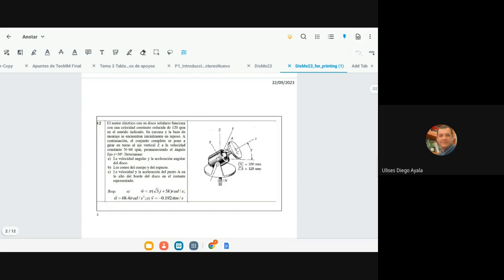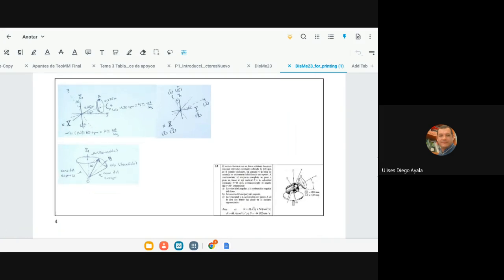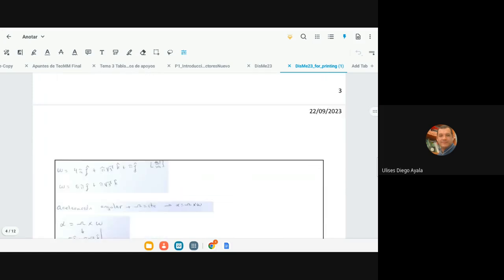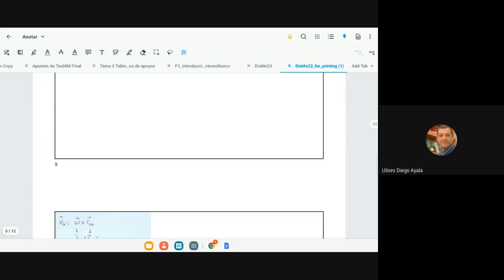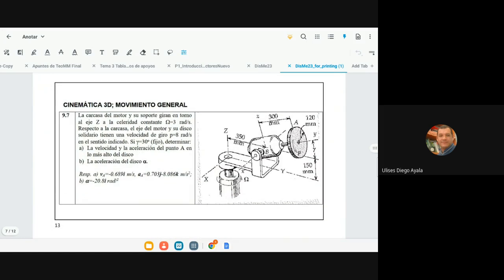So what do we have in this? We have this for printing, and you have the solution for two examples, the 9.2 and the 9.7, which is very similar.